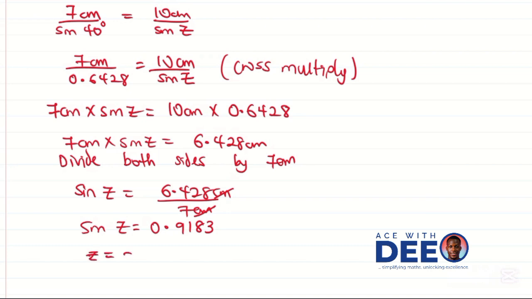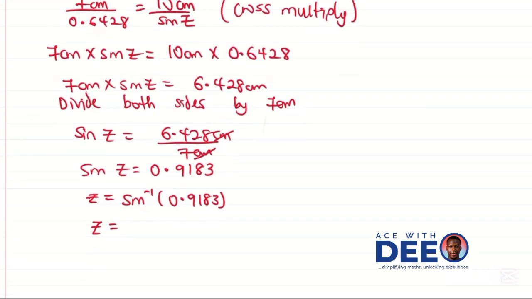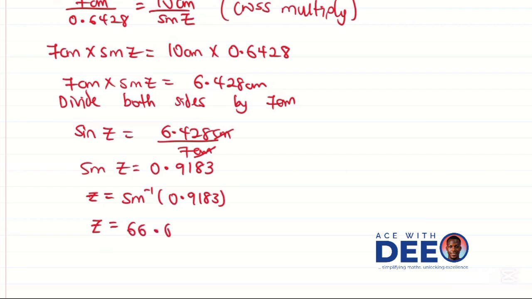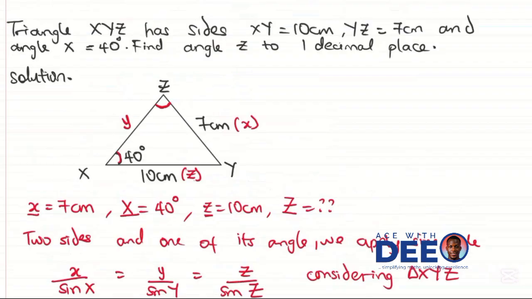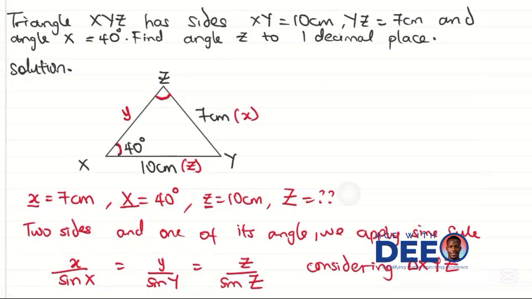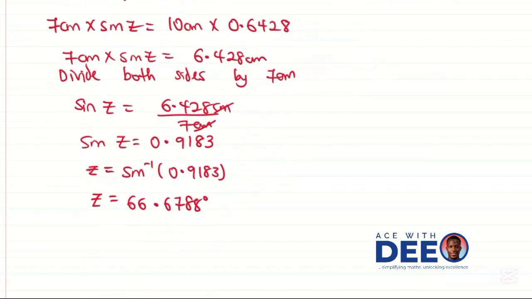So to get Z, Z is going to be sine inverse of 0.9183. It means Z is equal to 66.6788 degrees. But remember, the question says we should find angle Z to one decimal place. So to one decimal place, Z is equal to 66.7 degrees.